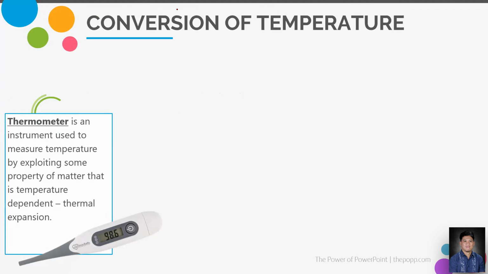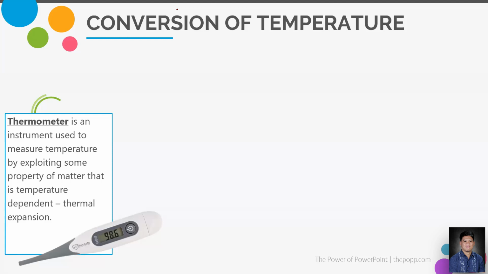So try natin to convert from one scale to another scale. So, for example, if we convert Celsius to Fahrenheit, or Fahrenheit to Celsius, or Celsius to Kelvin, or Rankine to Fahrenheit, ganon. So, conversion of temperature.